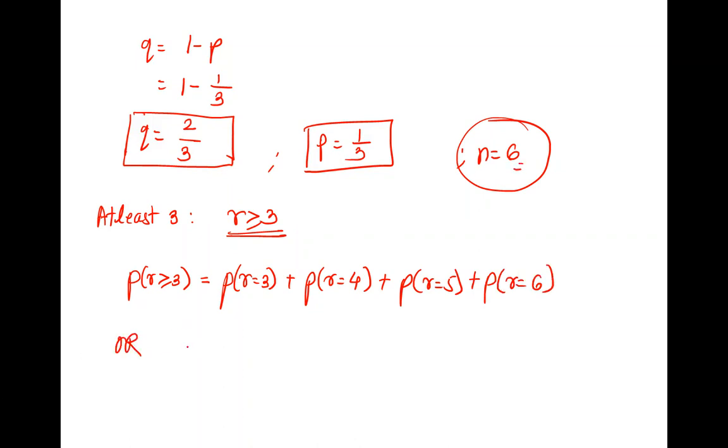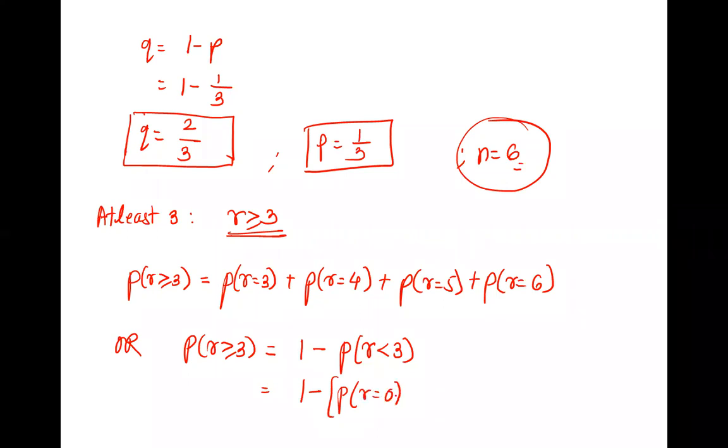Or what you can do is probability of R greater than or equal to 3 is 1 minus probability of R strictly less than 3. What does strictly less than 3 include? R is 0, 1 and 2. So both are okay. Here we need to find 3, 4, and so on, here 0, 1 and 2.